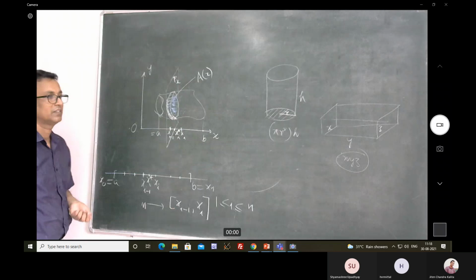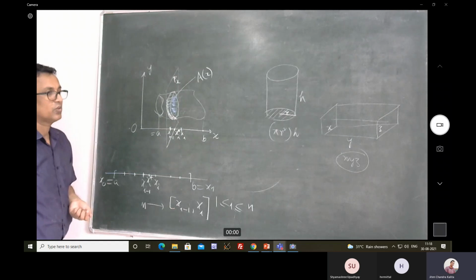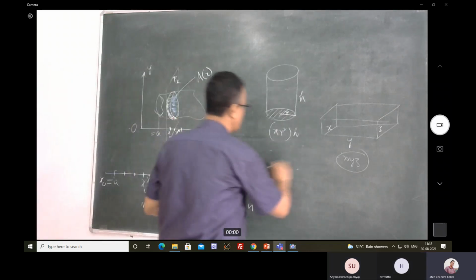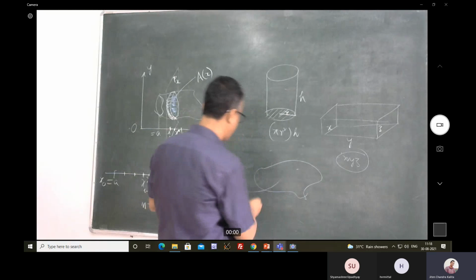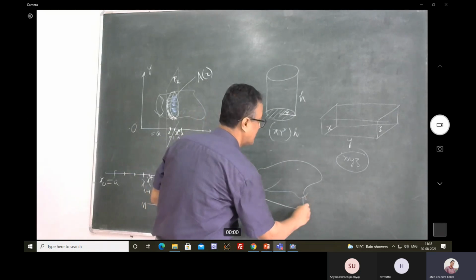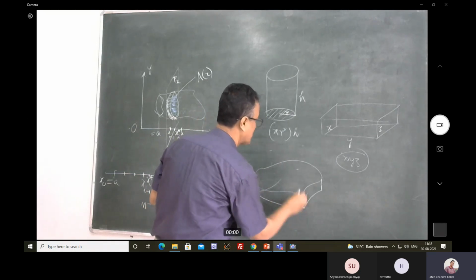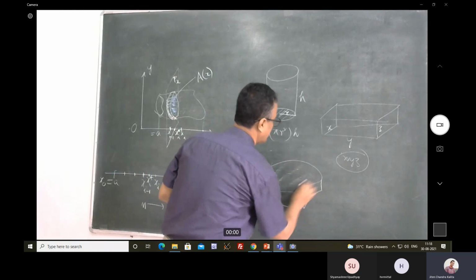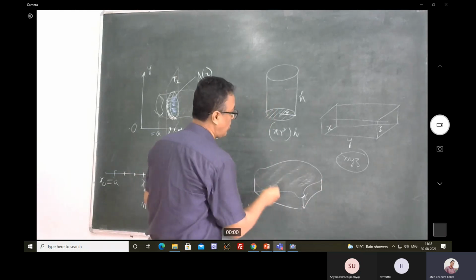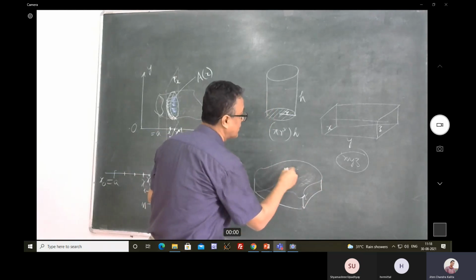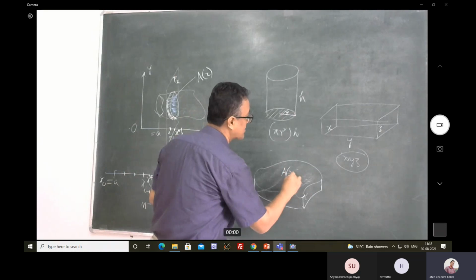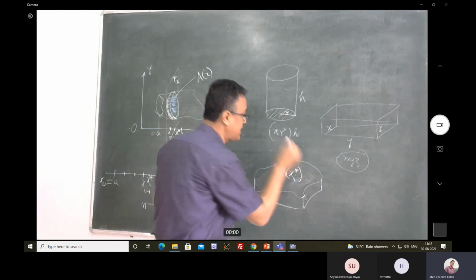Fine. So it is going to be some slice like this. I am going to call the area of this slice A of x_i star.